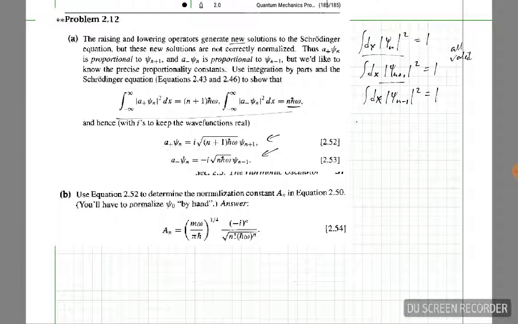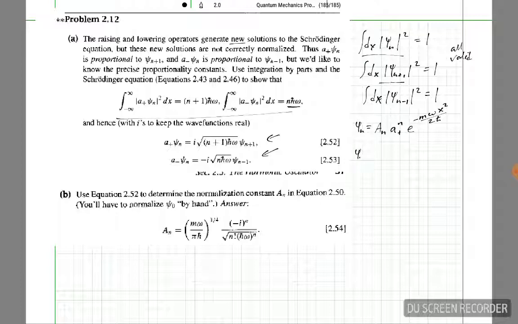So, for example, if we looked at equation 2.50, where we have our psi n, it equals some normalization constant A n, and then the ladder operator applied n number of times, and then our ground state wave function looks like this.